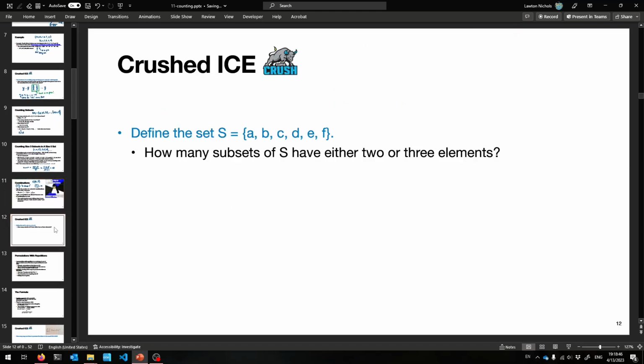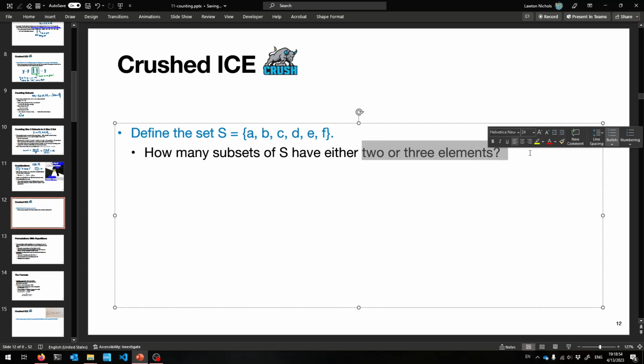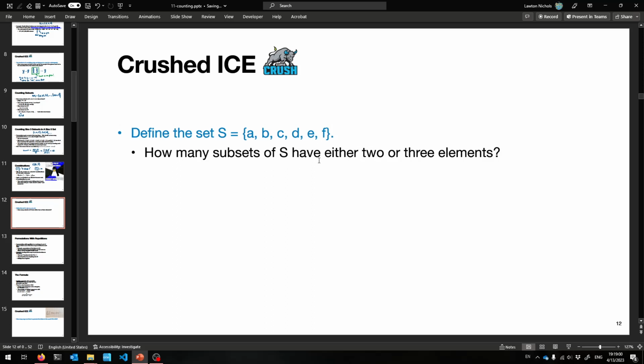So with that in mind, here's a question. Let's say that this is a set S. It's got 6 things in it. How many subsets of S have either 2 or 3 elements? So how many subsets of S are there with 2 elements in them, like A and C, or like B and D?